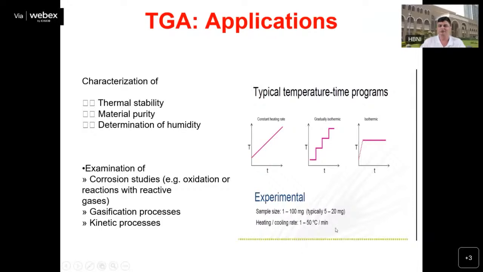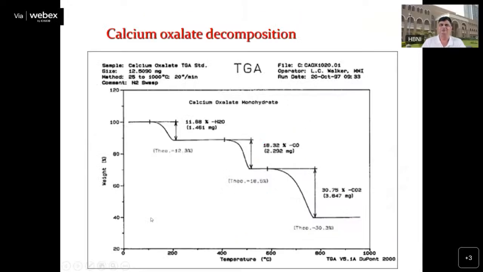But as I told you, the heating rate is better always to be in the range of about 3.5 degrees centigrade per minute, because that will give you a better result. Otherwise, there is provision that you can choose any rate between 1 to 50 degrees centigrade. And one can study corrosion, gasification, and various kinds of kinetic processes by using the TG curve.